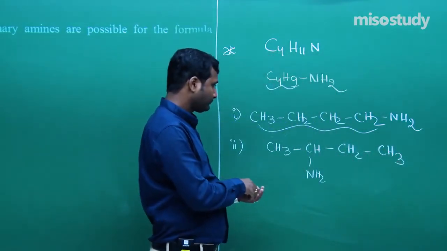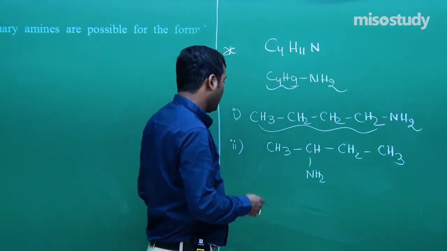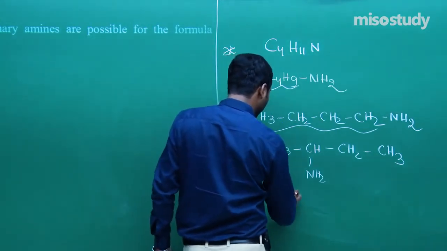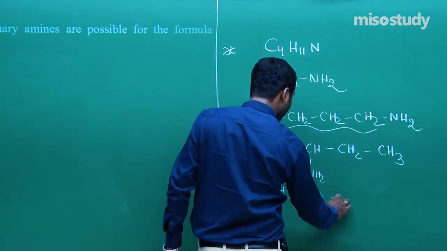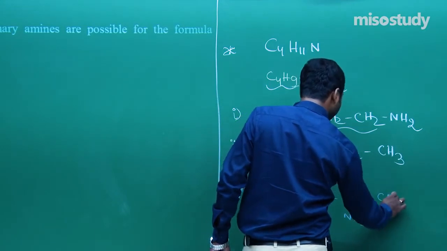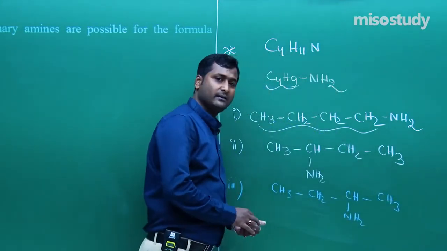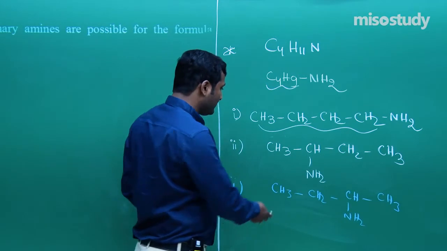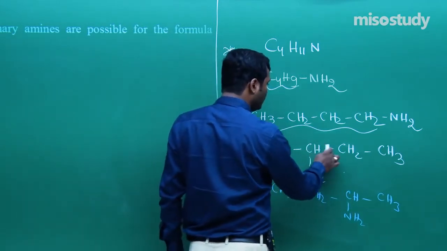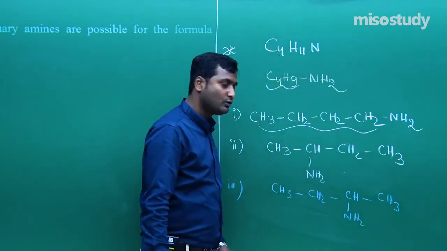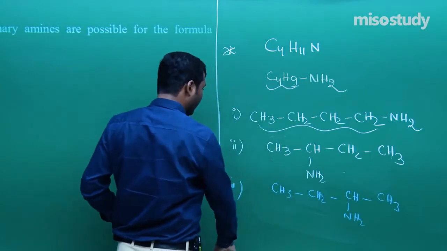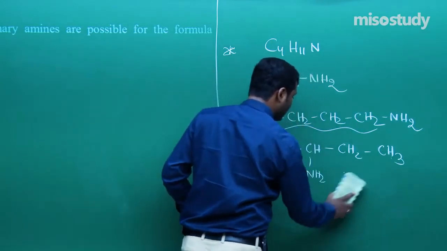Now if I write CH3, CH2, then CH, then NH2, then CH3, is this the third one? No, sir. Both have the same name, butane-2-amine and the same butane-2-amine. So both have the same formula and same name, so this is not an isomer.